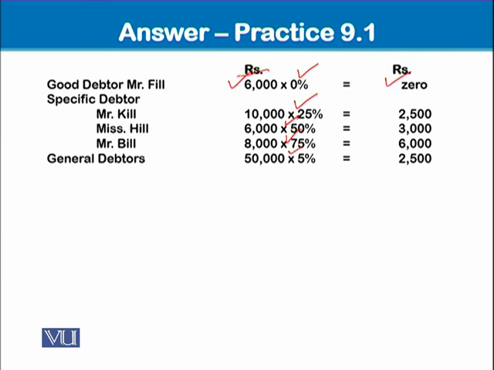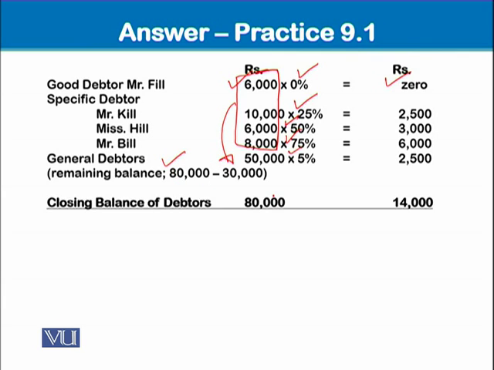So how do we calculate this remaining 50,000? By subtracting this 30,000 from the total amount of 80,000. Well, so in a way, we have this 80,000 closing balance against which there is a total amount of provision. We will just make a total of these figures. It is the total amount of provision.